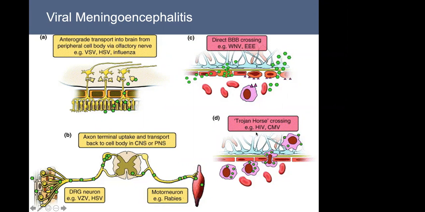Virus can also use the Trojan horse phenomenon: from peripheral dormant sites, they gain entry into a monocyte or macrophage, and when the cell enters the brain, it creeps through the blood-brain barrier and gets out into the brain parenchyma.